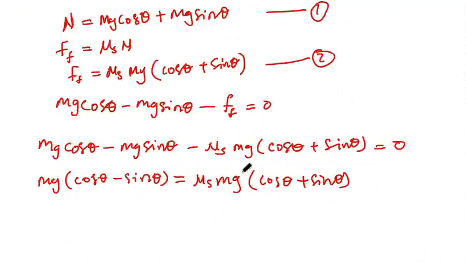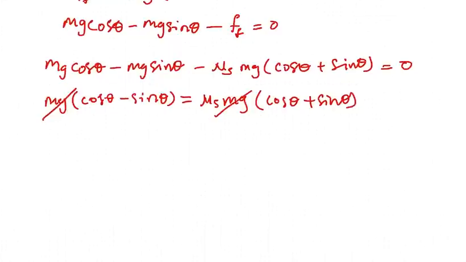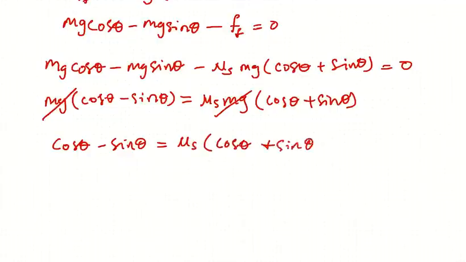So mg can cancel mg, and we'll be left with cos theta minus sin theta is equal to mu s times cos theta plus sin theta.